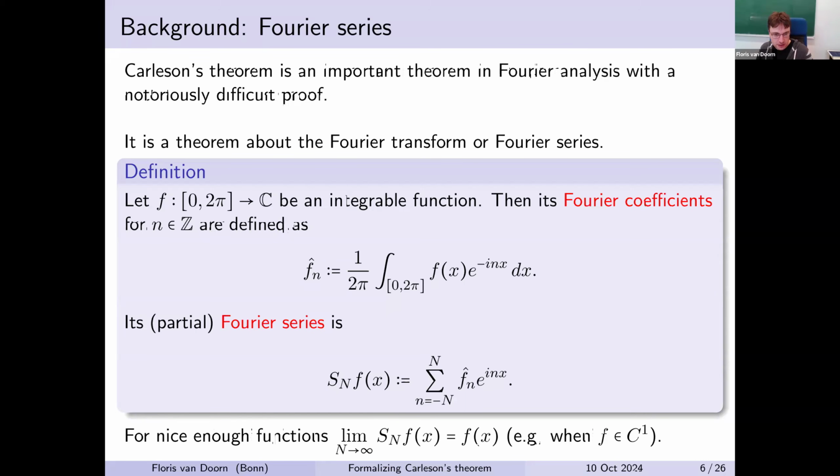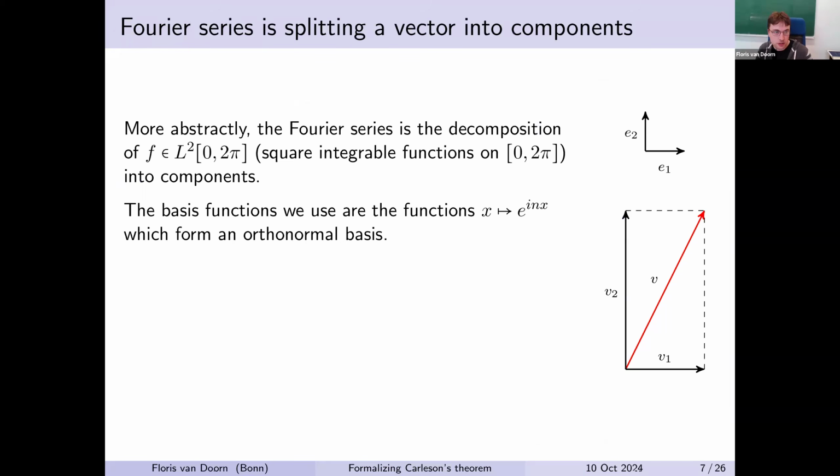So this is a very explicit formulation, but it doesn't really tell you why the Fourier transform is so important. Let me take a step back and more abstractly tell you what this Fourier series is. You should really think of it as decomposing a function into basic functions.